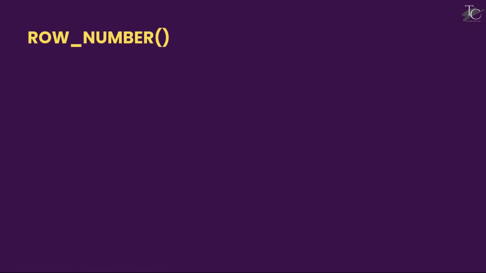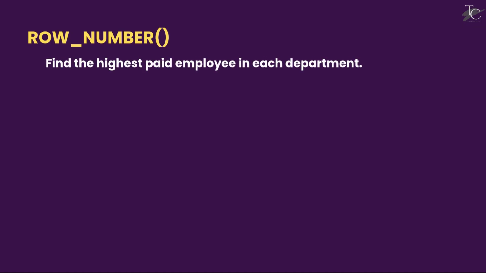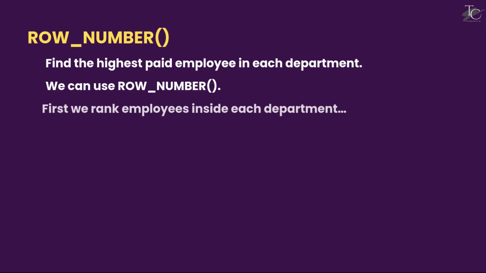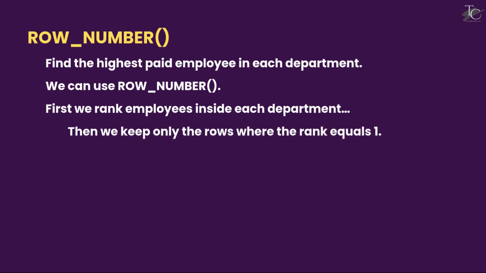Now here is where this becomes useful in interviews. Suppose the interviewer asks, find the highest paid employee in each department. A very common question. We can use row number. For that, first we rank employees inside each department, then we keep only rows where the rank equals 1. Let me show you.